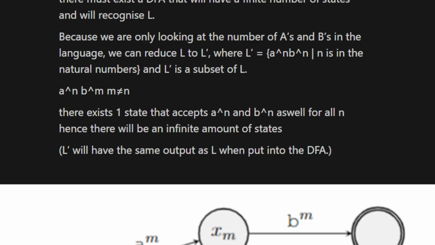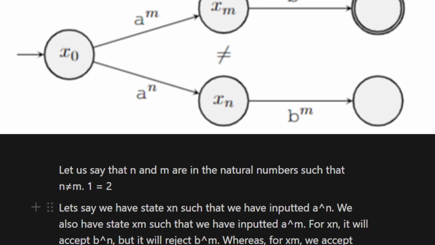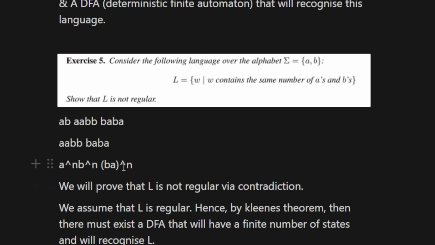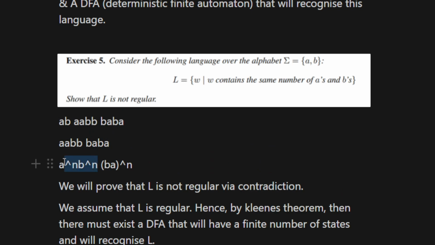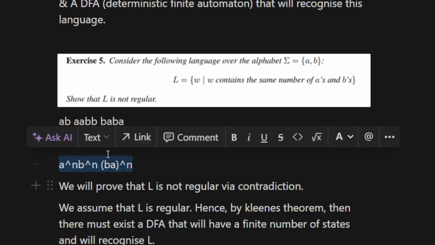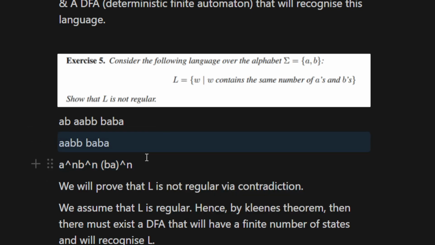So we're looking into a subset of L that isn't regular to prove that since there is a set that isn't regular, the whole set L should not be regular. The only reason we're doing this is because if we have many different forms of a language, which is harder to do, we can reduce it down to a specific language.